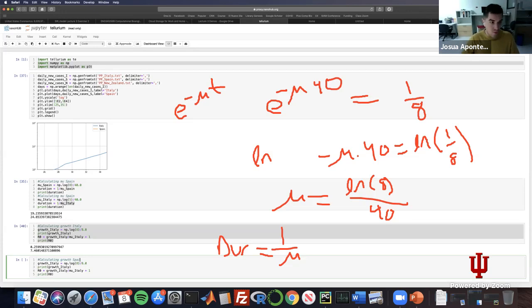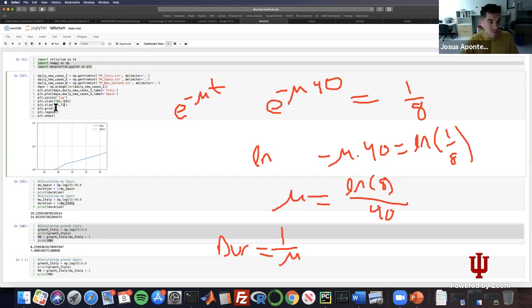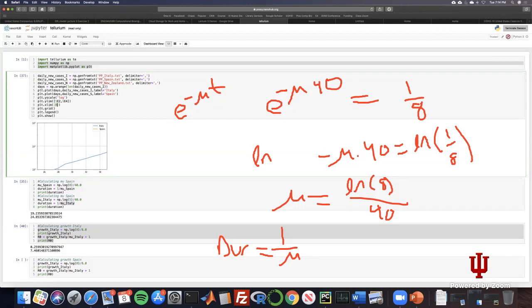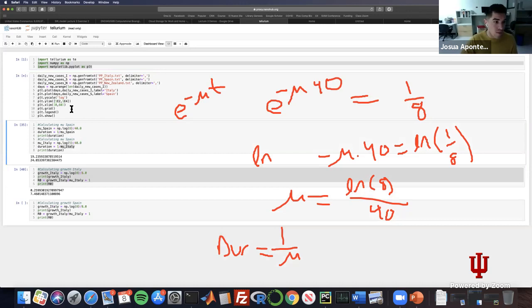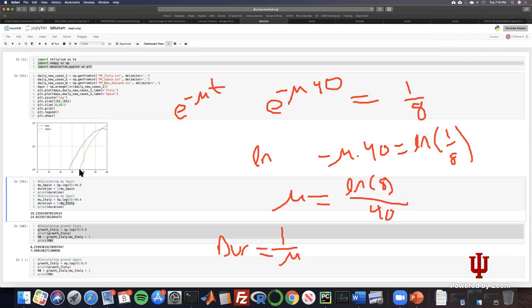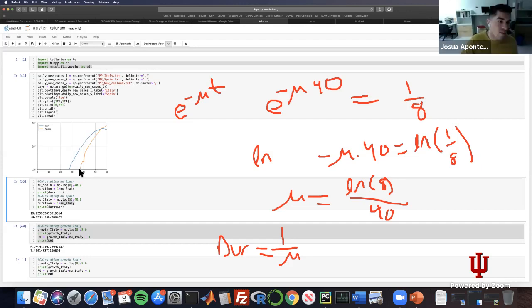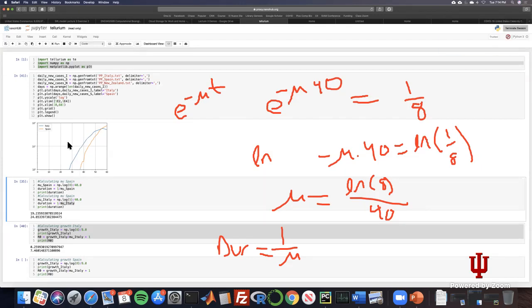For Spain, I don't remember the curve exactly, so let's come back here. I don't know if this is fun for people or painful, but it's actually sort of interesting that you could do this. It's 35 to 50, I'd say.